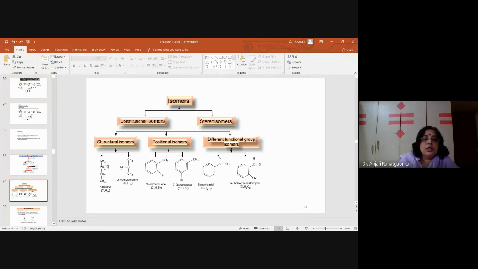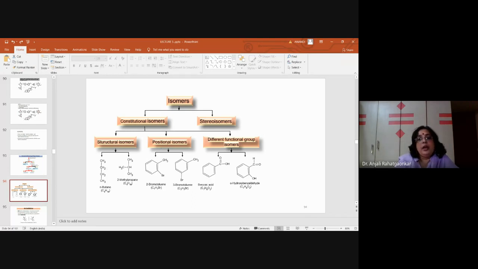If you see the structural isomers, it means that they have different connectivity. The molecular formula is the same, but the functional groups are different, or there might be a different connectivity. Here this CH3 is connected to the last CH2, and here this CH3 is connected with the second position. So the structure is different.